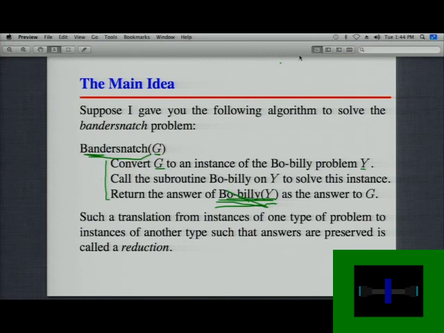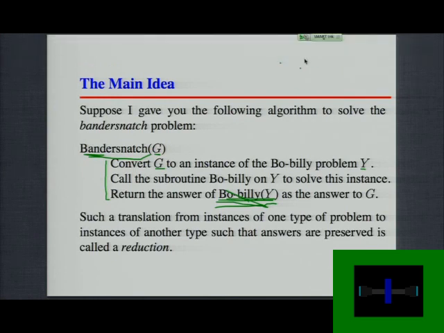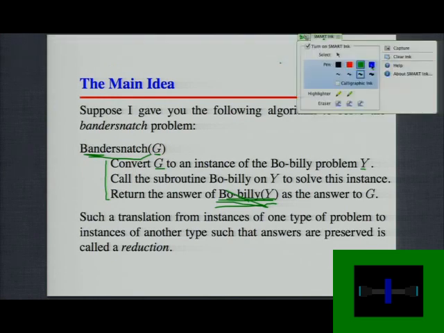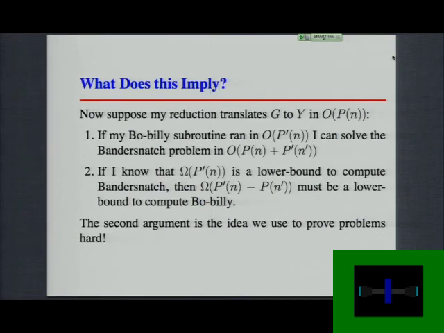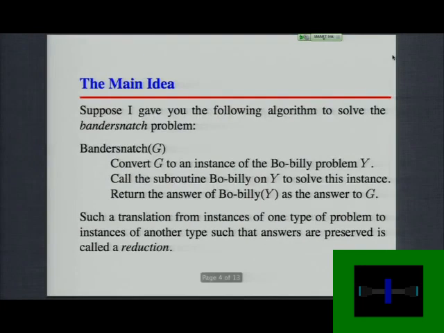Okay. So what do we do with this? Hold on a second. I'd like to move on. Clear. Now, what good is this subroutine? Here is the punchline. This subroutine could do two different things for us. One thing it could do is, if we have a fast translation, and mobility is fast, then this gives us a fast algorithm for Bandersnatch.